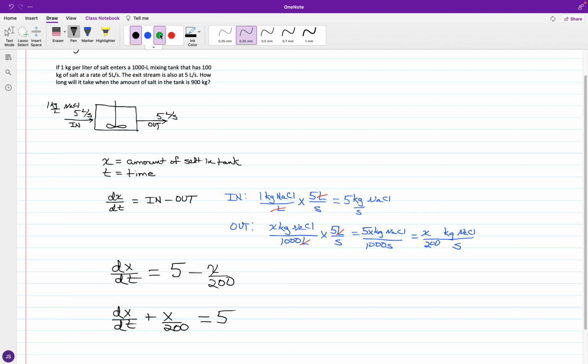Let me mention something here: you're not looking at dy over dx, so you've got dx over dt plus p of t times x equal to q of t. So we're looking at a first order linear differential equation, this time where the dependent variable is x.